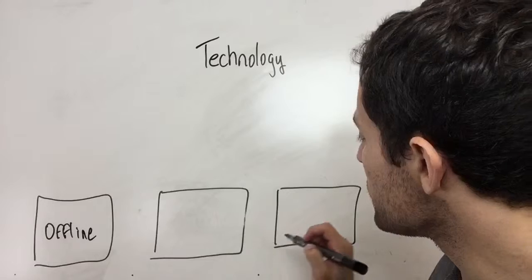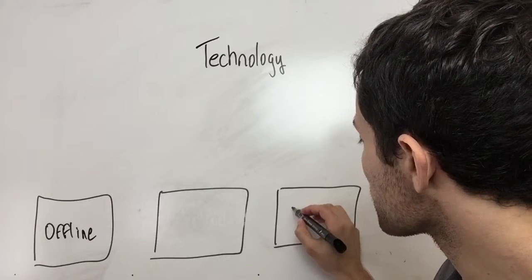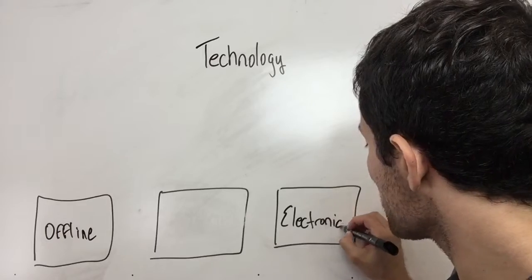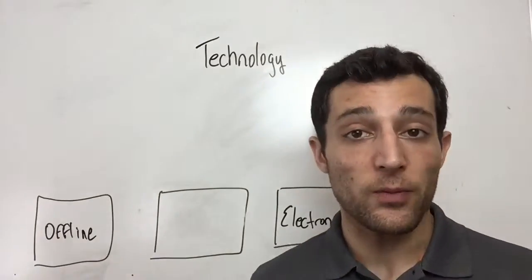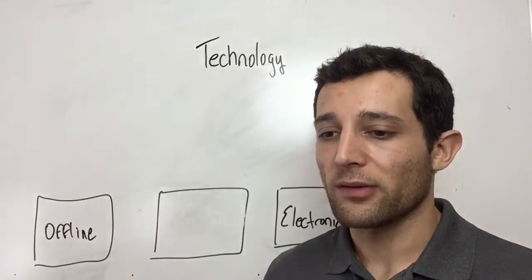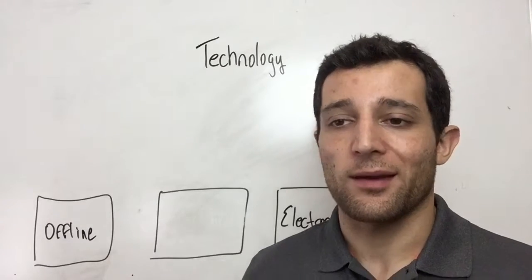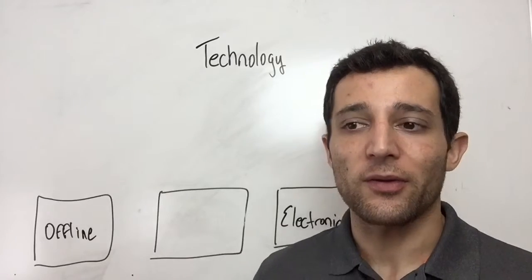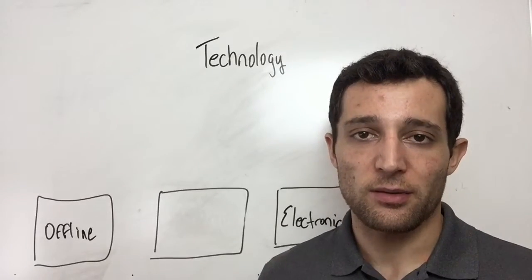Then you have your electronic. And this is the first generation, really, because this is where we start to see computers being used more. We start to see laptops and tablet computers, that kind of thing. We start to see digital in a practice.